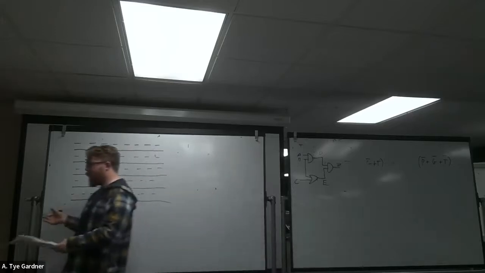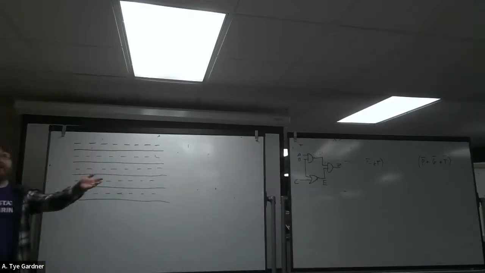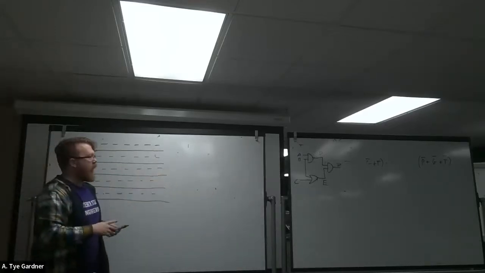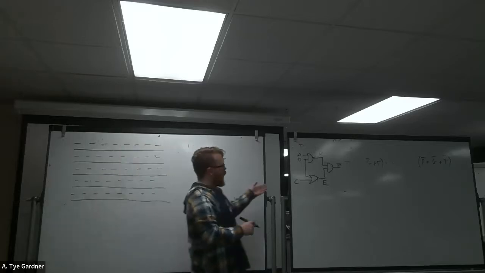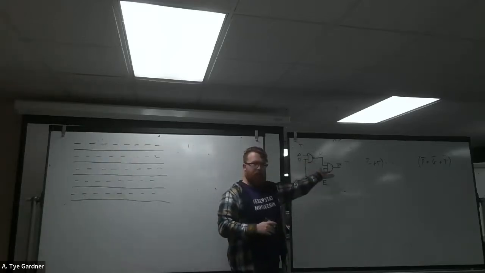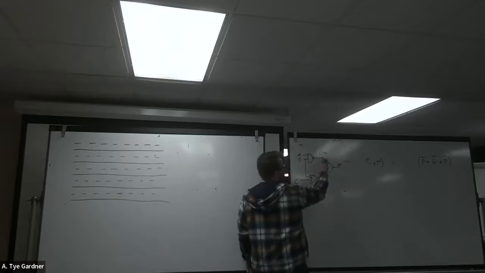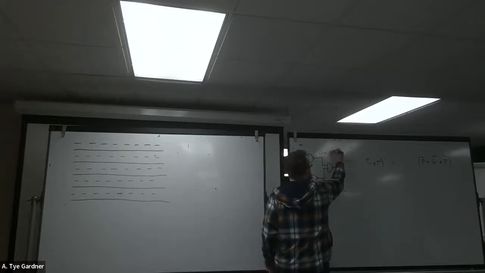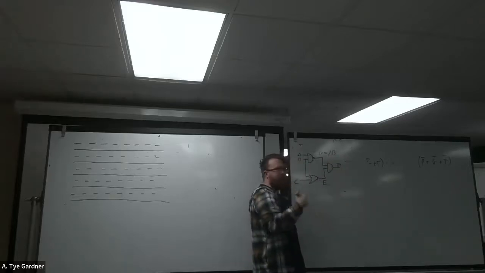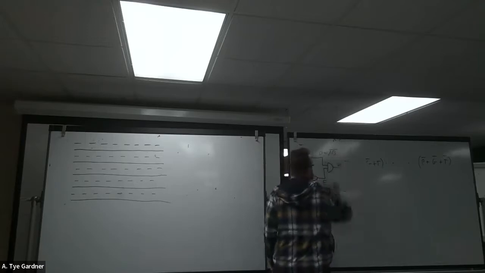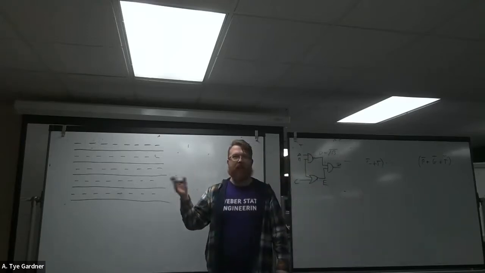Okay, it's not a product of sums or sum of products, doesn't really matter, right? You guys still know how to analyze this. And we simply go ahead and look at the intermediate signals and we say, well, what is D? Well, D, there's an AND gate here, so it's going to be A and B, but it's NAND, so it's not that, right? It's not A and B.